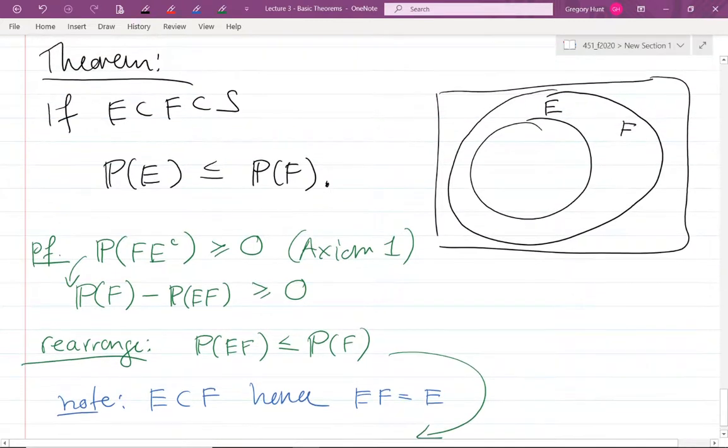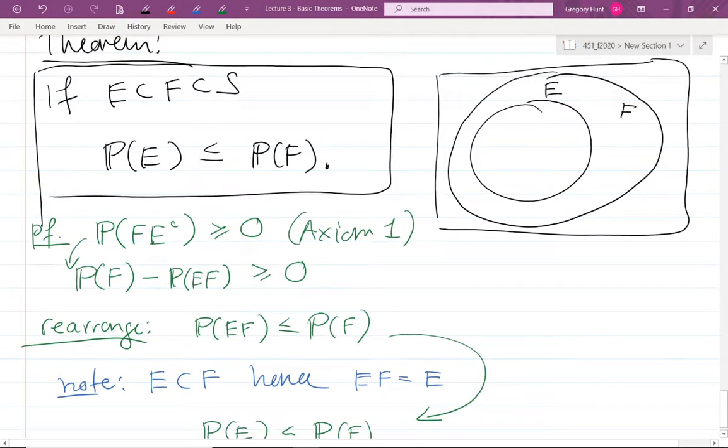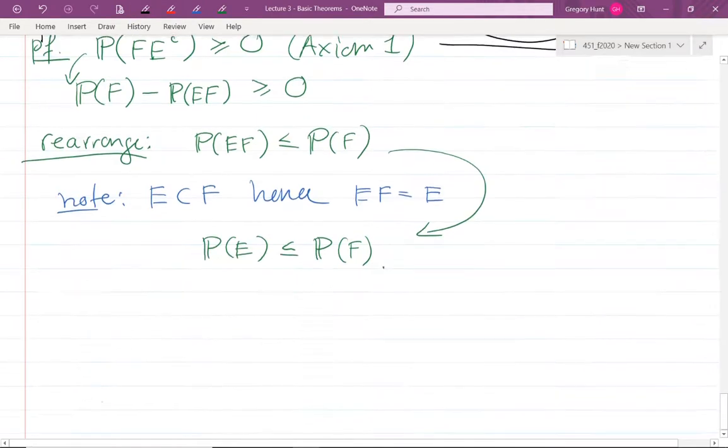Again, it's codifying some intuition we have: if E is a subset of F, then the probability of E is less than or equal to the probability of F. A sub-event cannot have bigger probability than the event in which it is contained.